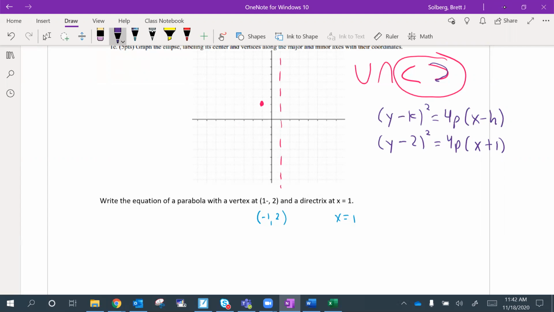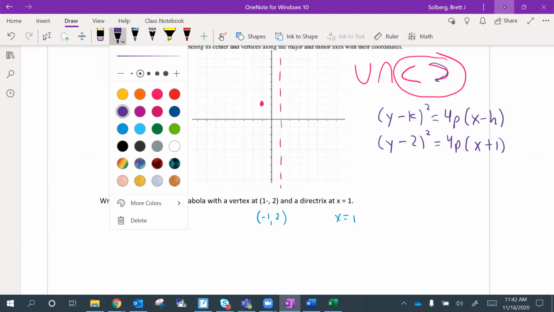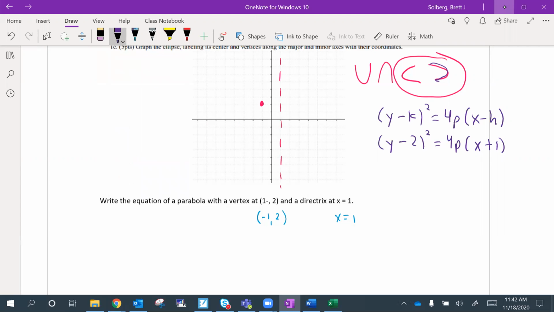Well, let me give you one more. I'm gonna ask a different question. If this is my vertex and this is a directrix, where will the focus be? So I need someone to unmute and tell me where you think the focus will be based off the position of the vertex and the directrix.